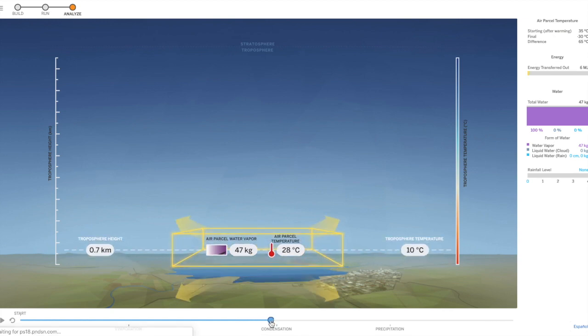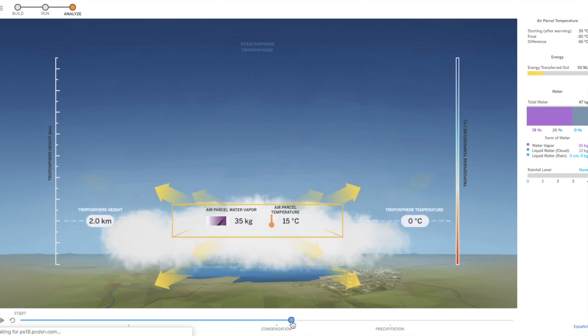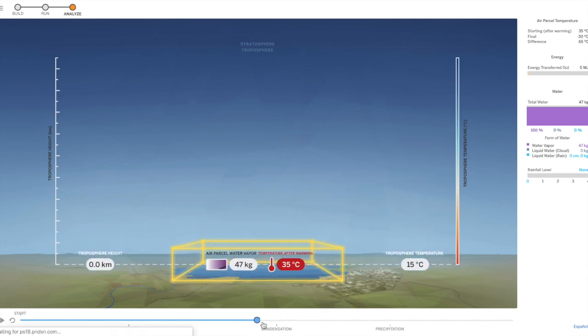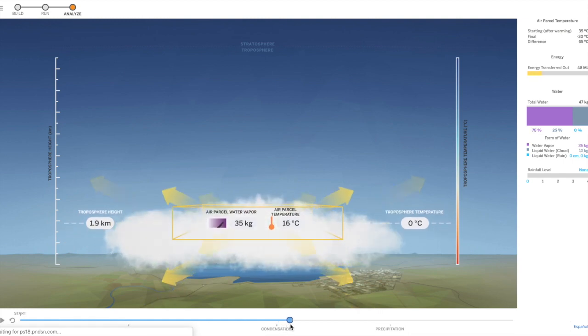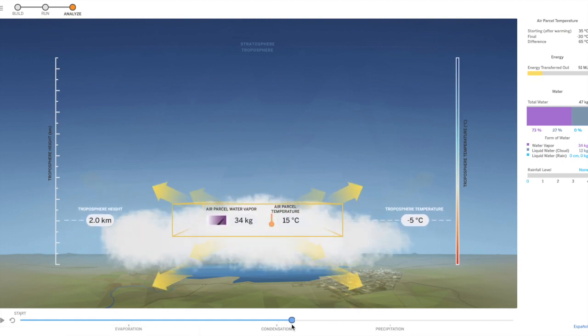So it's going to rise. And right about here, it's at 15 degrees, which was the original temperature on the ground. But as we see, when it gets to 15 degrees, it's higher in the troposphere. So now the troposphere is -5. So it's not equal yet.